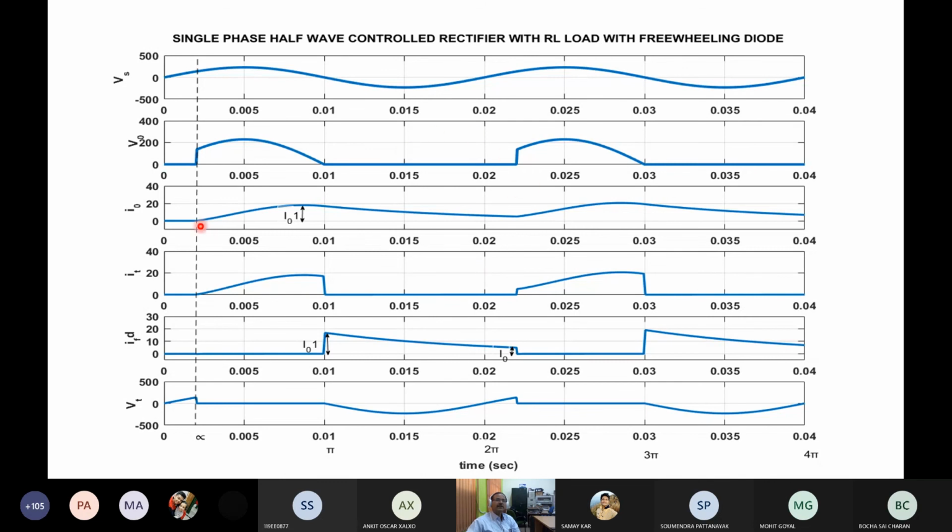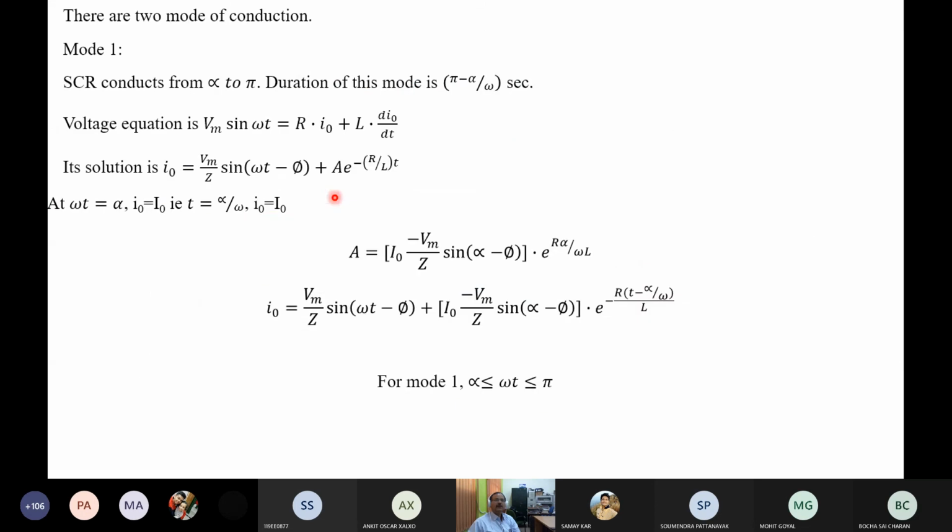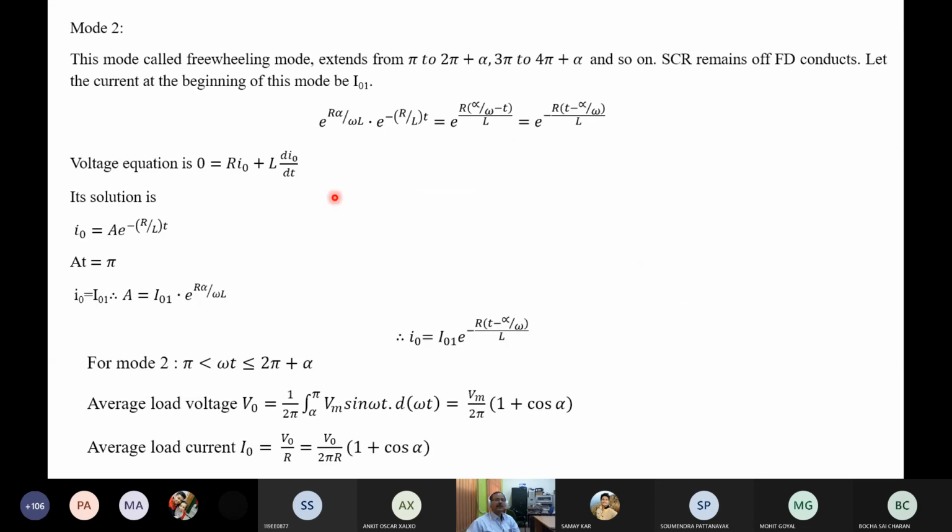Here you can see the initial current is I naught. In the second mode, the initial current is I naught 1 at omega t equal to pi. So at omega t equal to pi, I naught is equal to I naught 1. So A is equal to this.